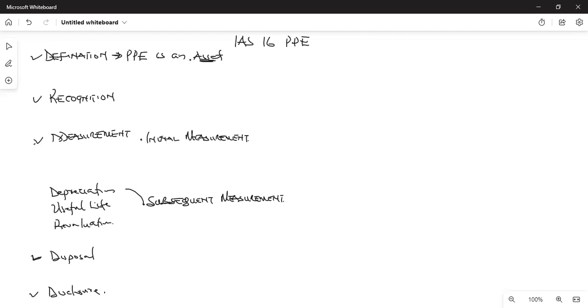Now, PPE is an asset that is used, and the usage is for the production of goods and services, for rentals, and for administrative purposes.